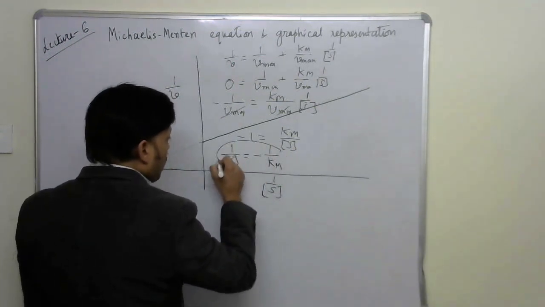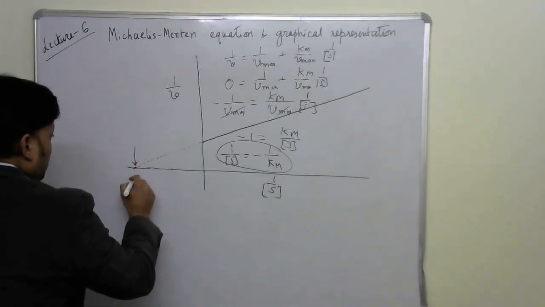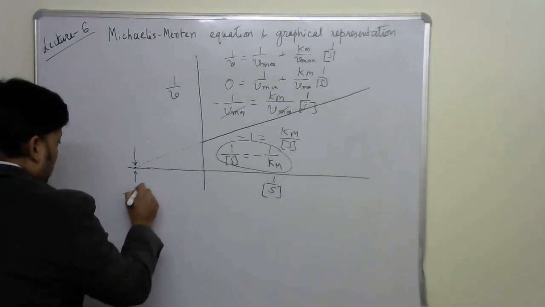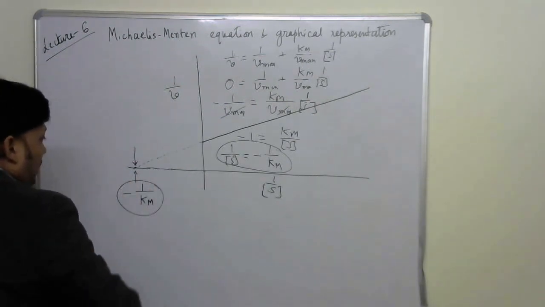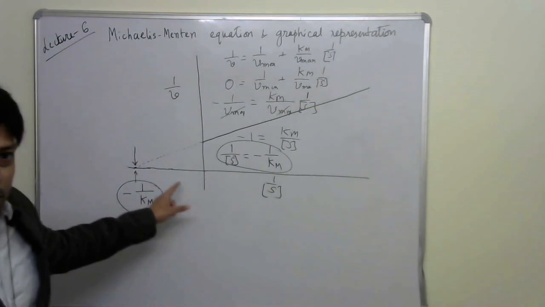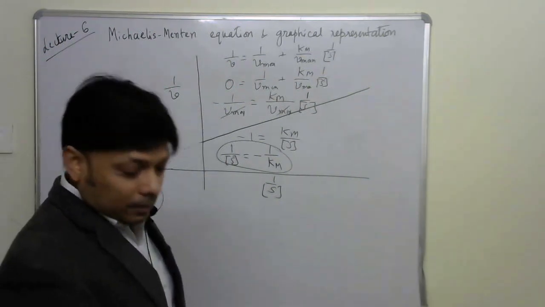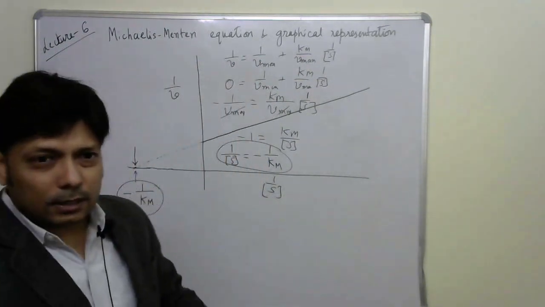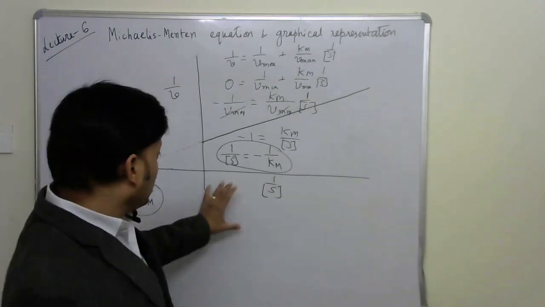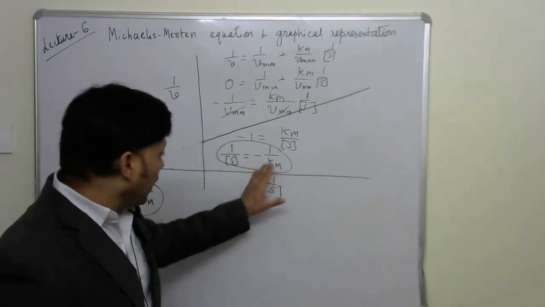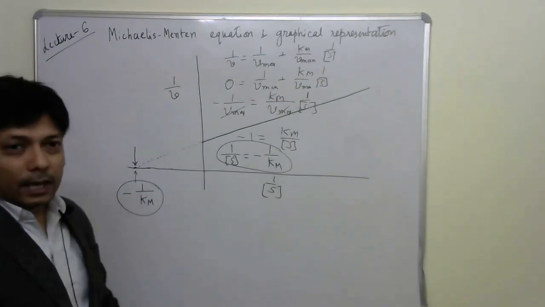Alright, so now we get a value over here. So this point is minus 1 over Km. This is the point where 1 over V becomes 0, and the value of 1 over S becomes minus 1 over Km.